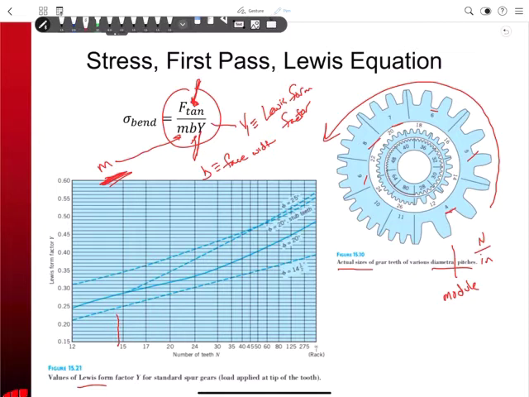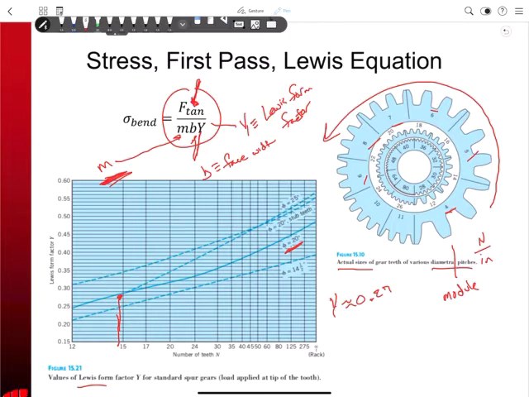I go up to the different angles, so I go to this one here, and I say my Lewis form factor Y is approximately 0.27. Because the geometry of these involute teeth is so complex, we couldn't calculate that, so it's all tabulated for us in this plot. So Y is 0.27.